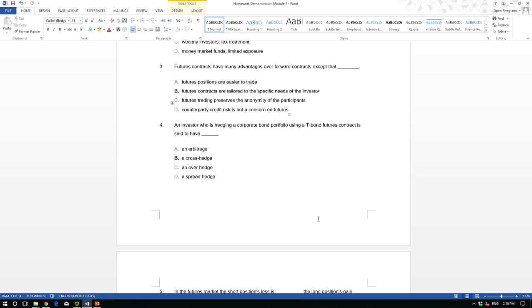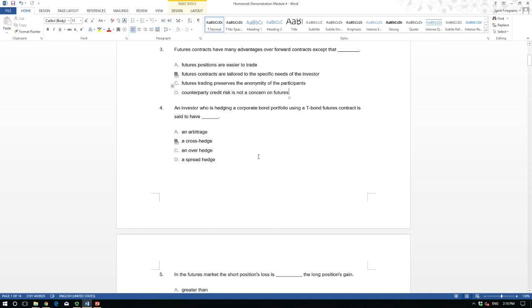One is a corporate bond, the other one is a T-bond. Right, so the underlying assets are different, but they are similar to each other regarding exposure to interest rate risk. So this is the so-called cross hedge, right, with a slight difference in the underlying asset to make this hedging strategy work.